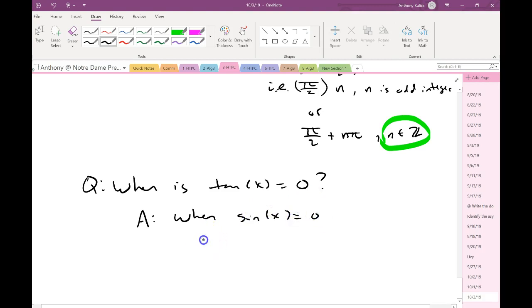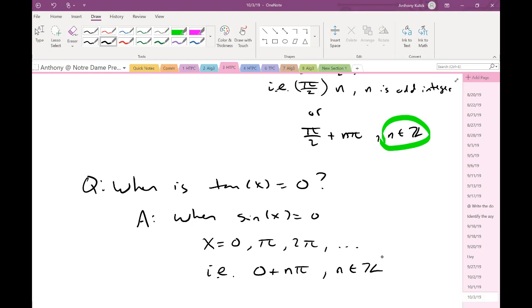So if I recall, those values of x were like 0, pi, 2 pi, etc. Or zero plus n pi, where n is a member of the integers. Okay with that?